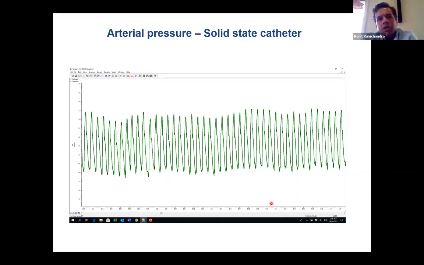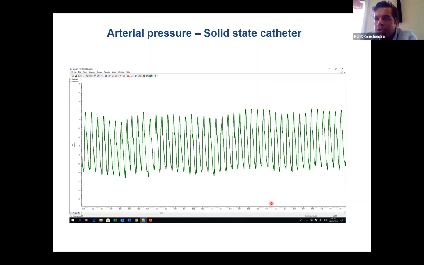The other advantage is if you have a fluid-filled catheter, you've got to ensure that the arterial pressure catheter is always patent. You can do it a huge number of ways, effectively by ensuring that there's some infusion of heparinized saline through that fluid-filled catheter. And if for some reason that fluid infusion stops and there's some amount of clot, then it makes it really hard to be able to use that fluid-filled catheter again.